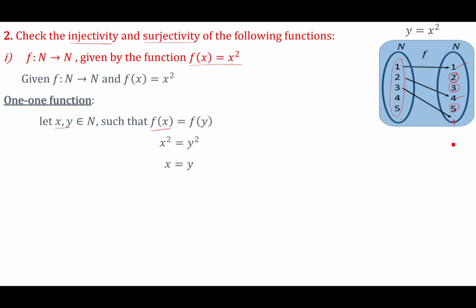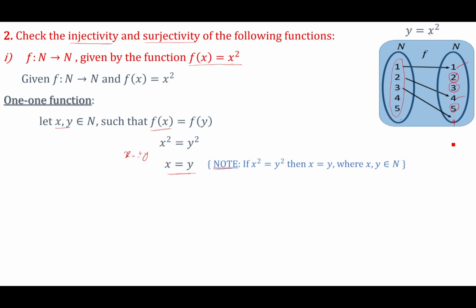Now, if x squared is equal to y squared, then x is equal to y. Please do not get confused, teacher, x is equal to plus or minus y. No. In this, we have some conditions. Try to make a note of these conditions.